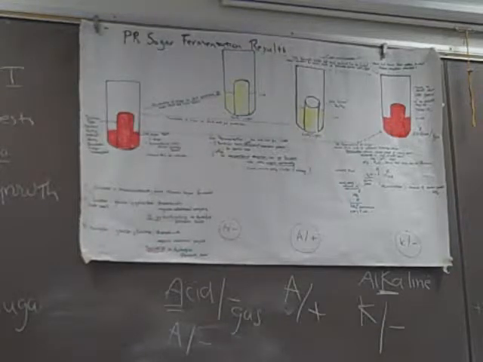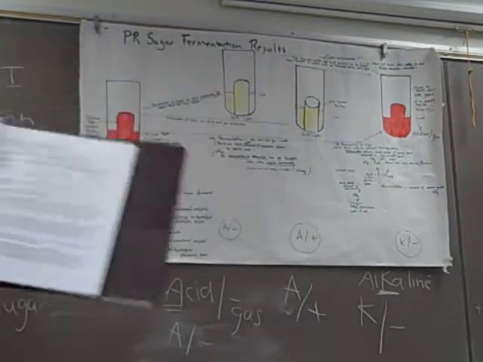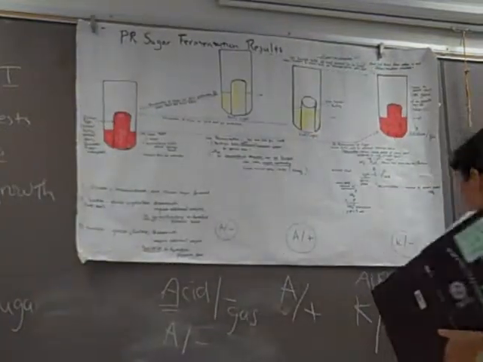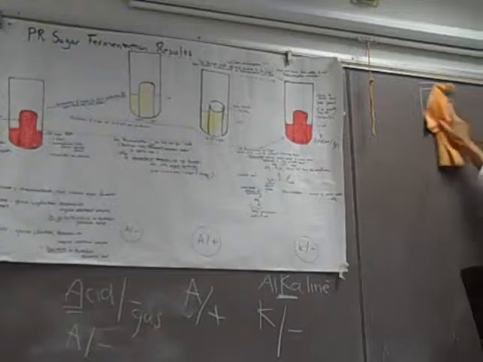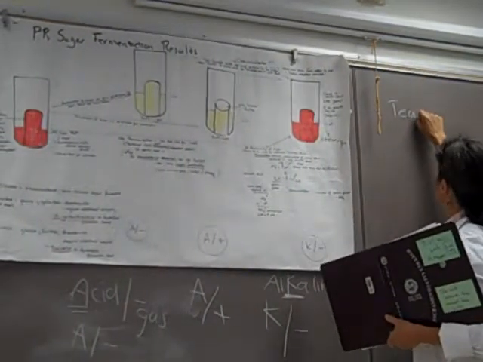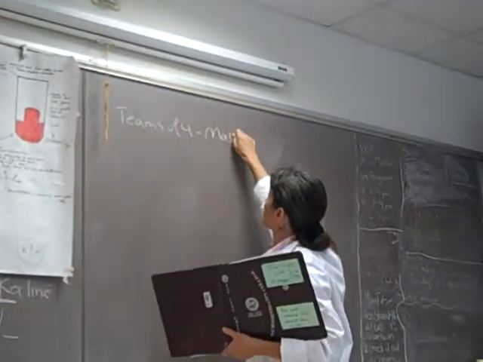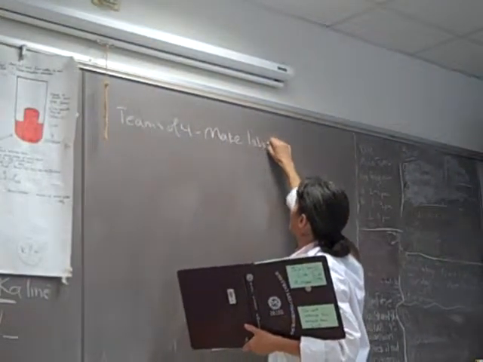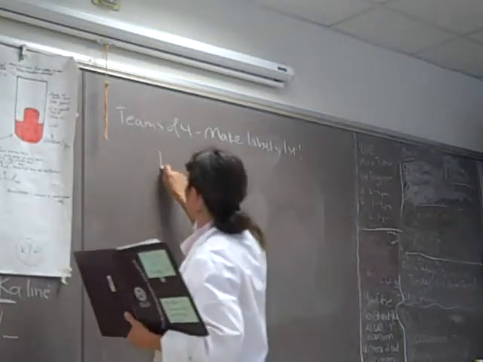So if we take a look now at that table on page 142, let's see who you're going to inoculate. Again, you're going to work in teams of 4. You want to make your labels first. That's really important. I'll just put the chart up here.